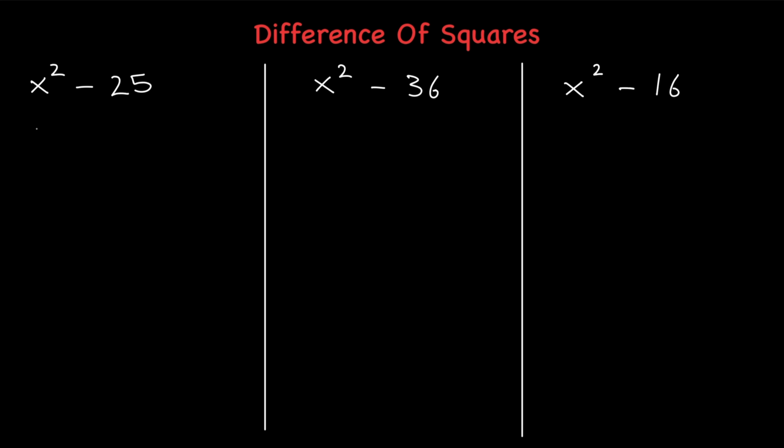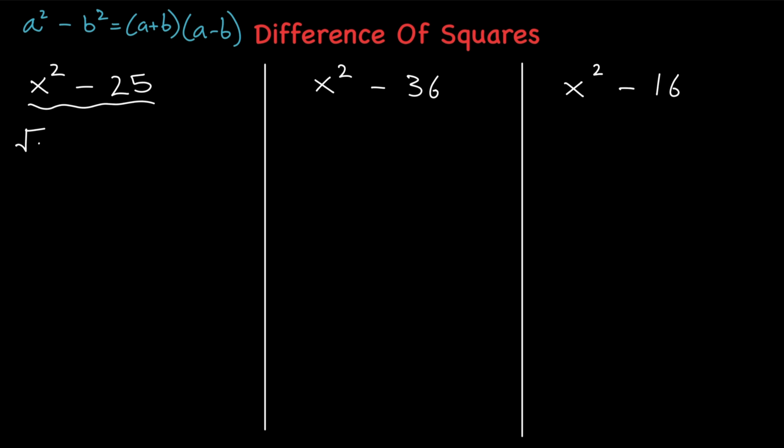Now for our first example, let's factorize x squared minus 25 using the identity for the difference of squares. So I'll rewrite the identity up here. a squared minus b squared equals a plus b multiplied by a minus b. And so, let's square root the first term in this expression here.